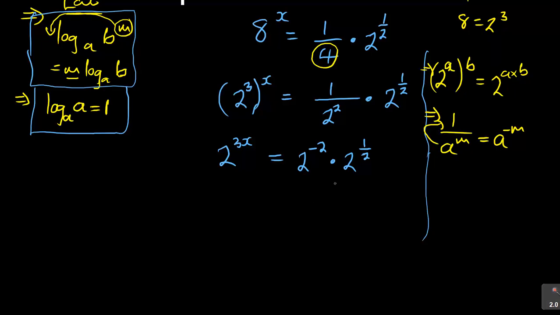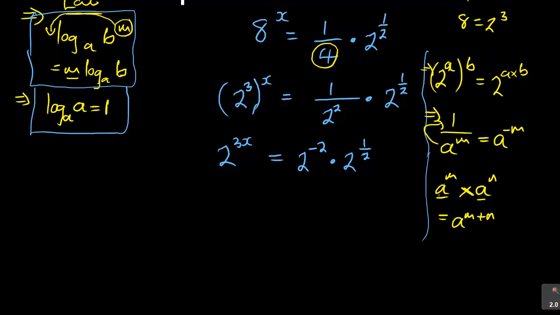We are continuing. There is a rule which says if you are given a to the power of m times a to the power of n, look at the bases. If the bases are the same and there is a multiplication sign between them, you take the base a and then you add the exponents, which is m plus n.